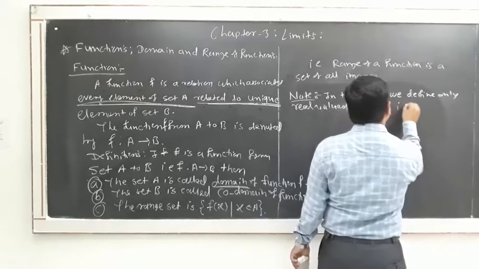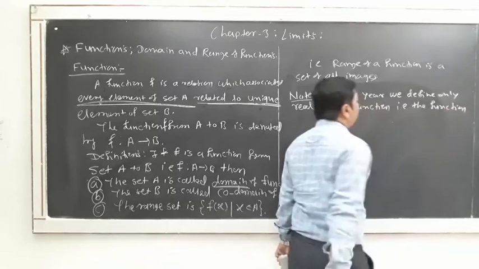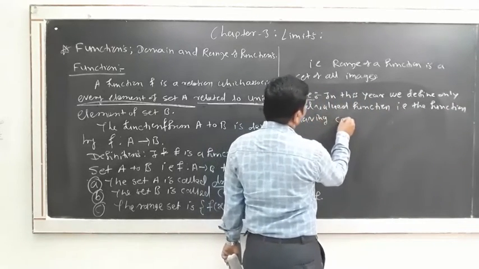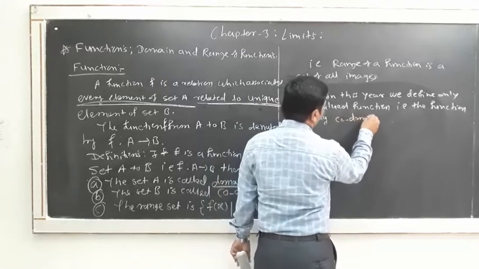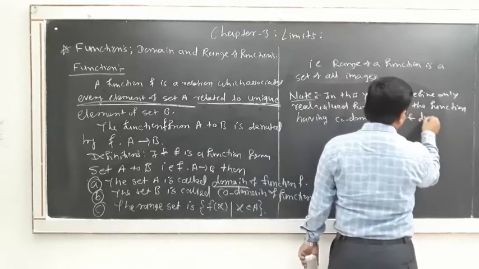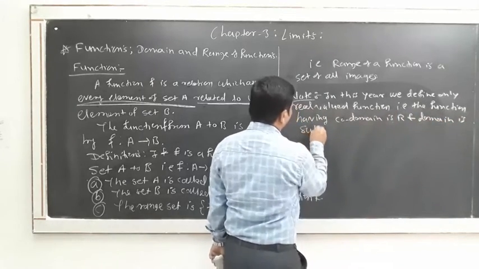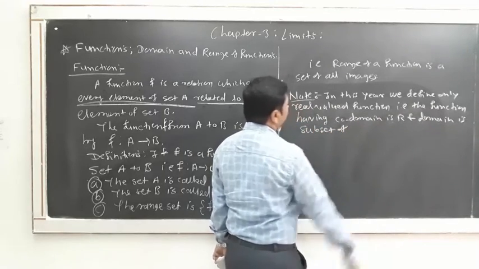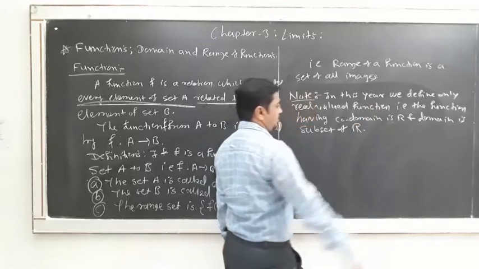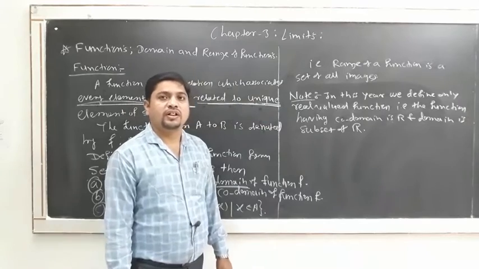That is, the function having codomain R and domain a subset of R. Domain is a subset of the set of all real numbers.